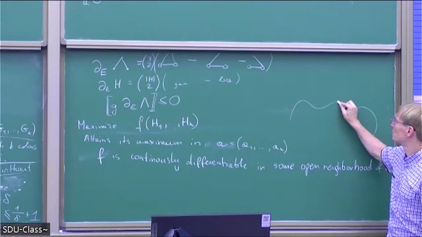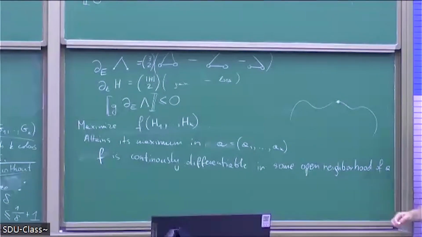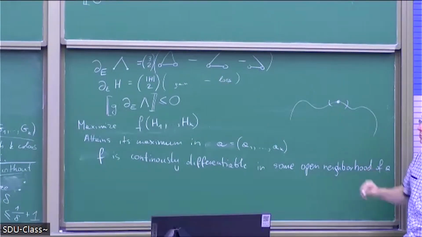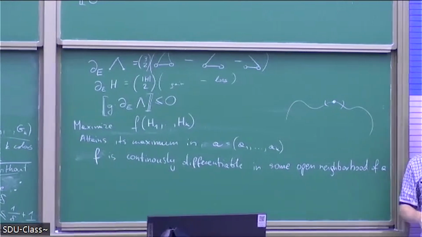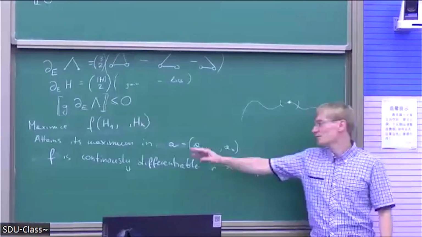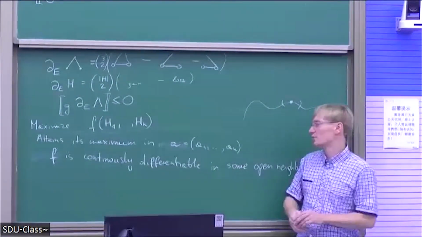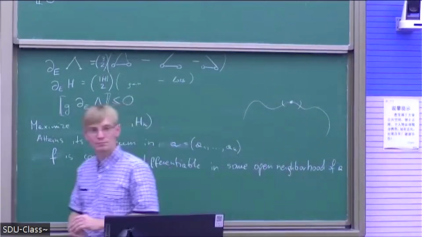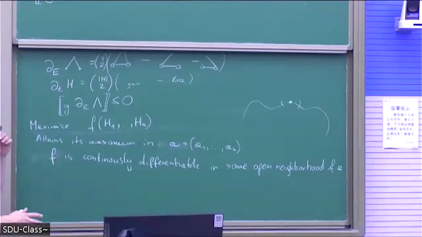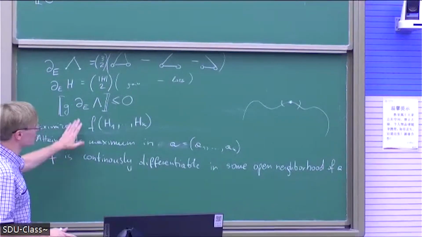I have some place where it's attaining its maximum. And I want that in some open neighborhood around it, this function f is differentiable and the differential is continuous. This way I can calculate partial derivatives of the function f.